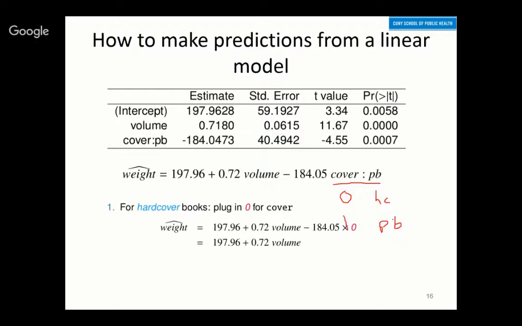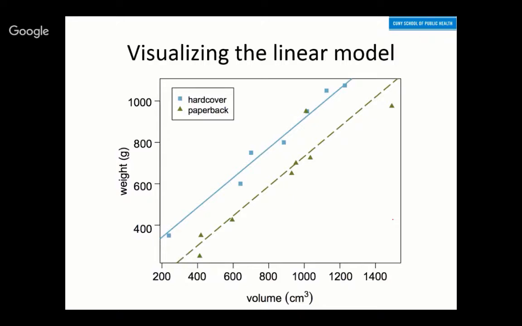For hardcover books, this dummy variable is 0. So you're going to plug in 0 and just use those first 2 coefficients. And for paperback books, the dummy variable is 1. So you have to subtract this coefficient of minus 184. Piece of cake. You can visualize this nicely by thinking of it as 2 separate lines.